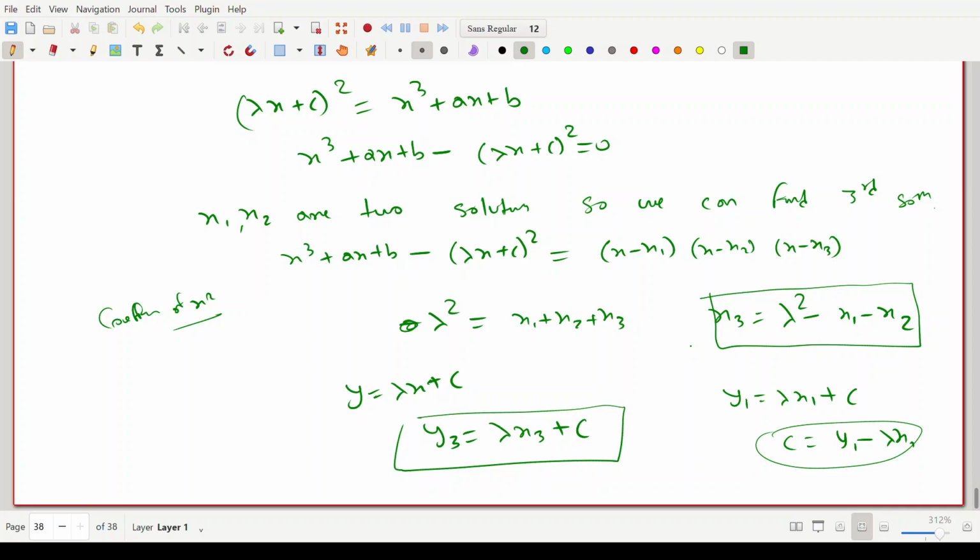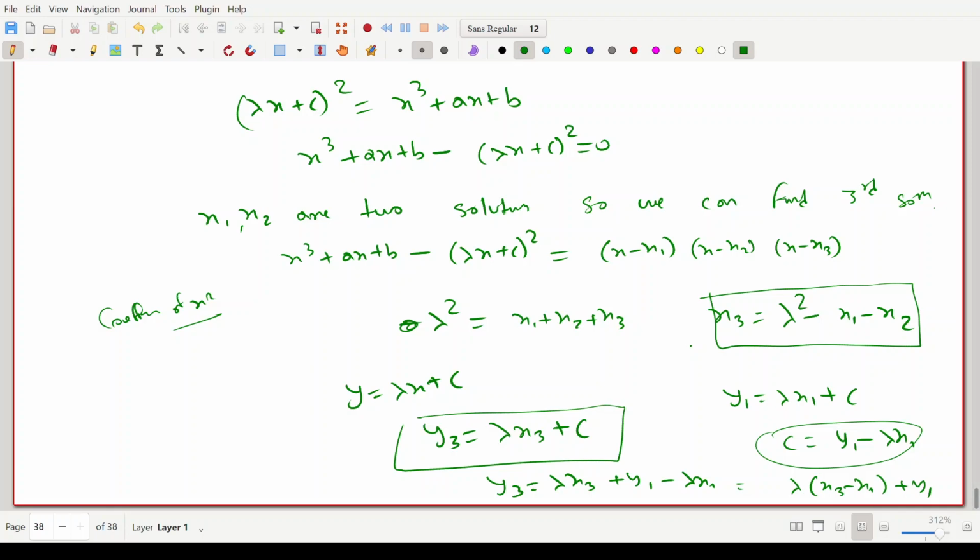I'll substitute it here. So I can get y3 is equal to lambda x3 plus y1 minus lambda x1. So that can be written as lambda times x3 minus x1 plus y1. This is what I'm having, correct?